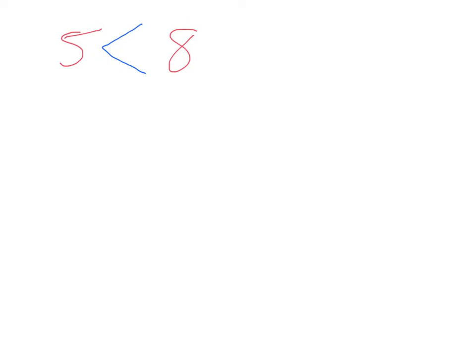If I gave you -2 and 7, you would tell me -2 is less than 7. What if I told you -3 and -9? Which is greater in this case?